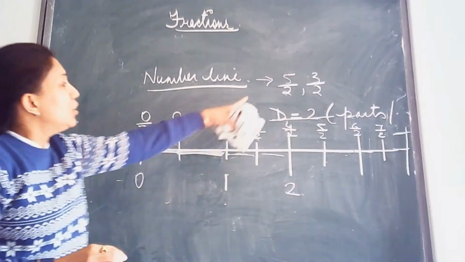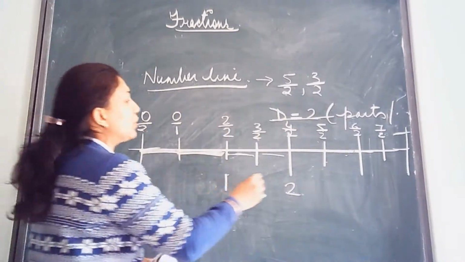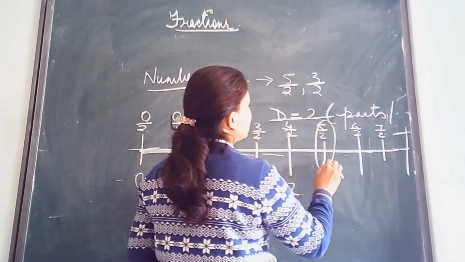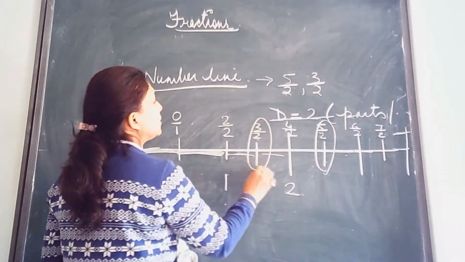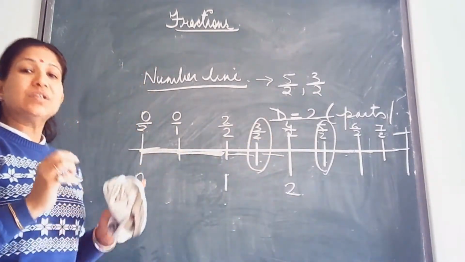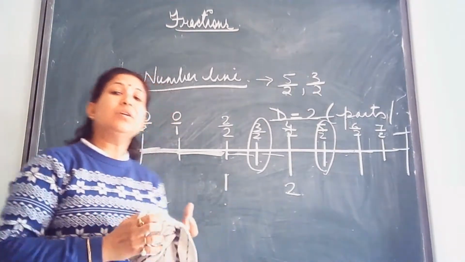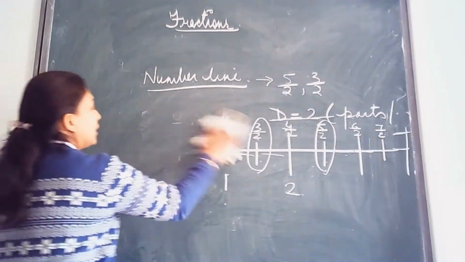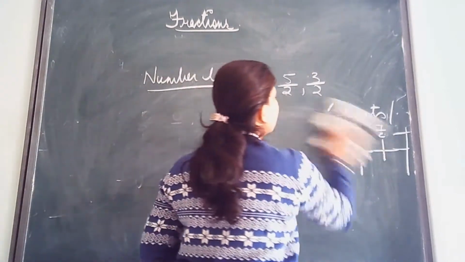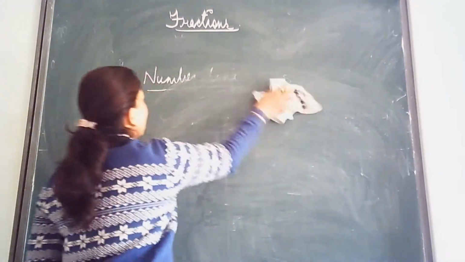What are you asked? To mark 5 by 2. Locate where 5 by 2 is. This is 3 by 2, so here it is 5 by 2. So this is one thing, how to mark fractions on a number line, or using a number line, how to represent the fractional values.